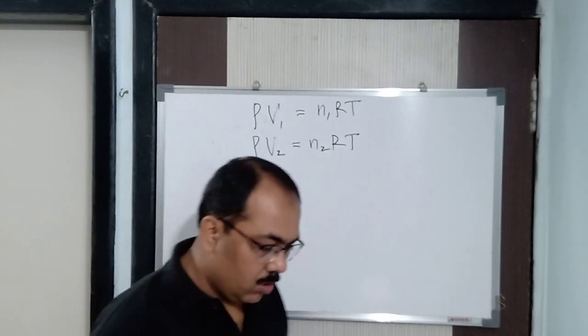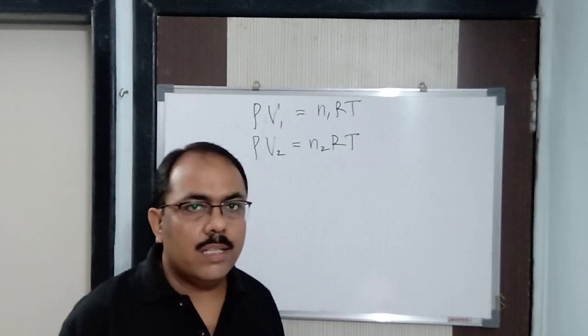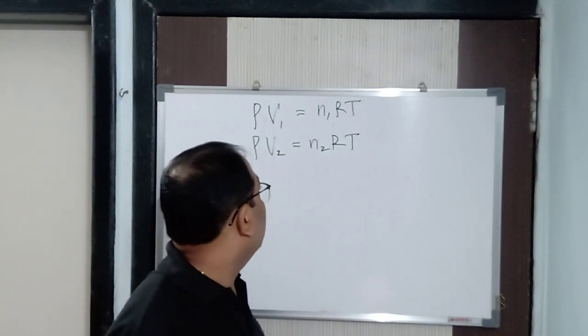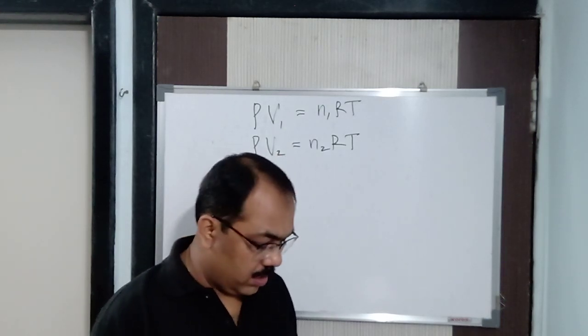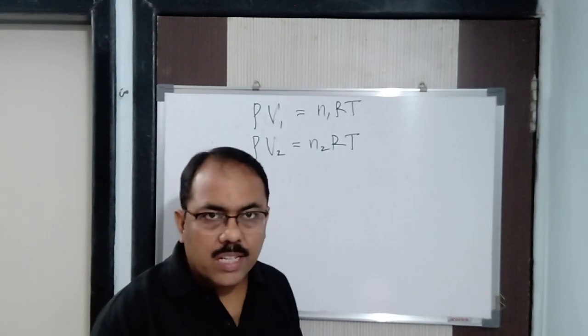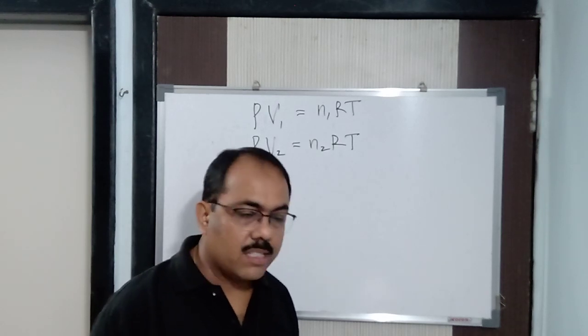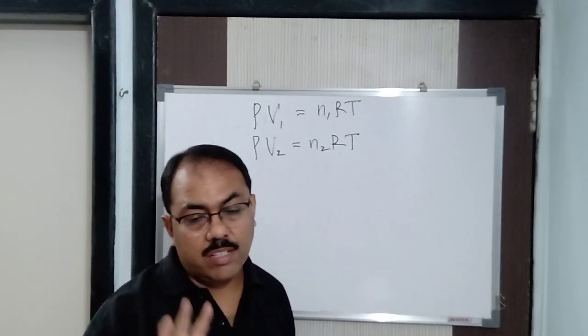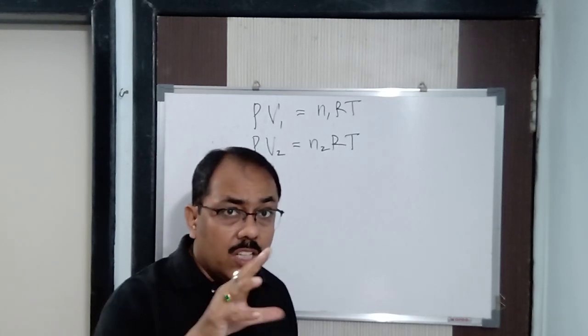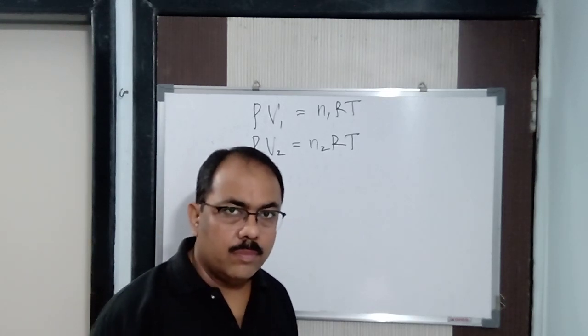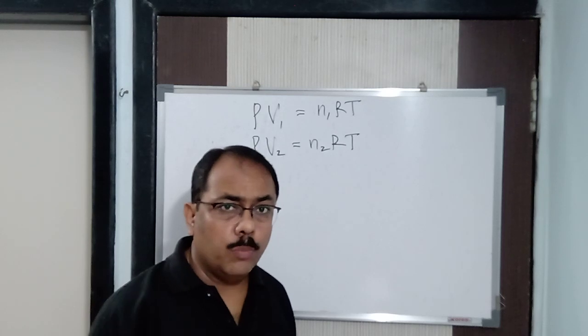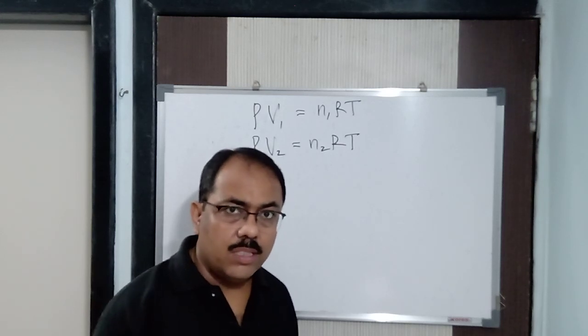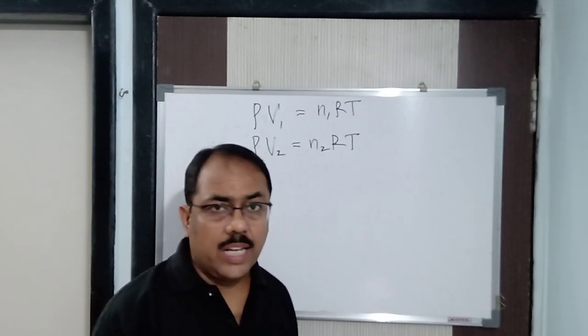Clear? So here the volume and number of moles are definitely varying, because pressure remains constant in case of an ideal gas. Pressure remains constant because I am going to calculate the relationship between QP and QV. QP is heat calculated at constant pressure, and QV is heat calculated at constant volume.